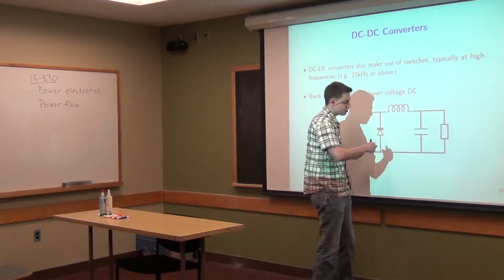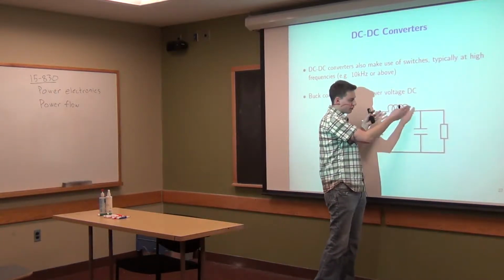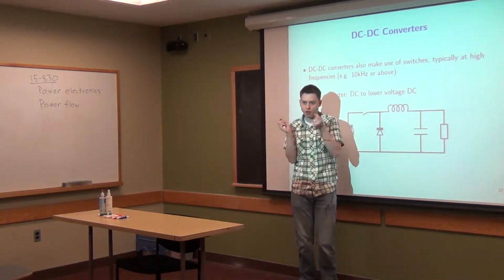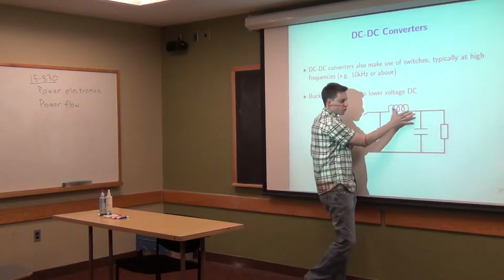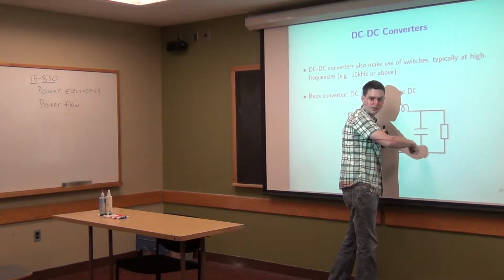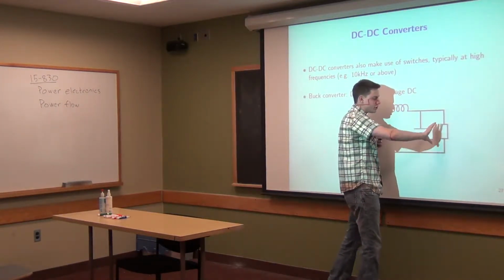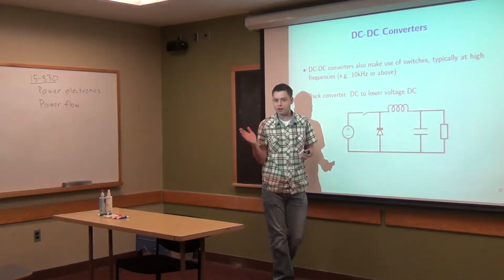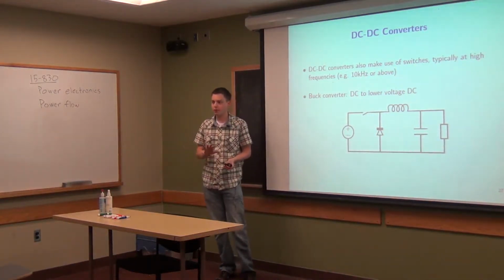Because charge builds up in the capacitor and the inductor stops current from changing, these both resist change in what's happening here. And so eventually you'll get some voltage over this that is somewhere in between 10 and 0.